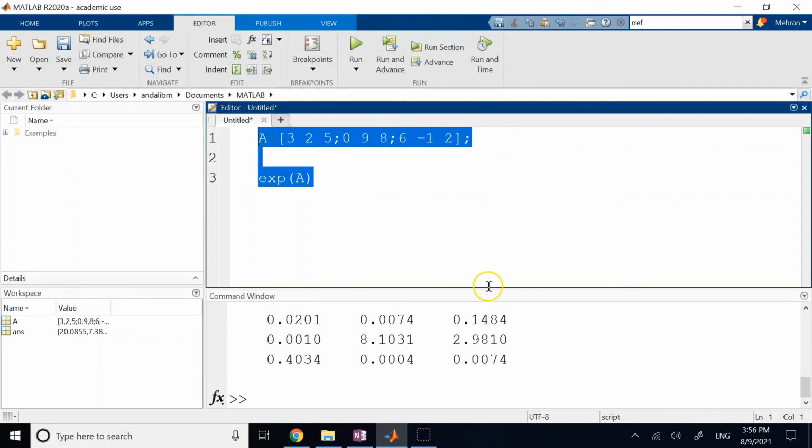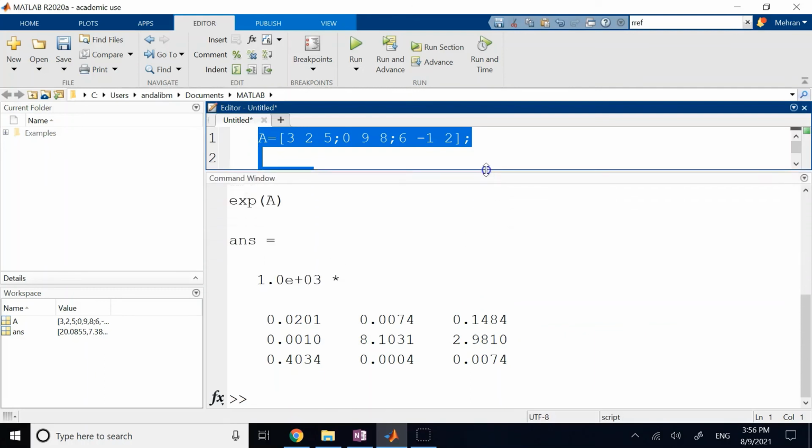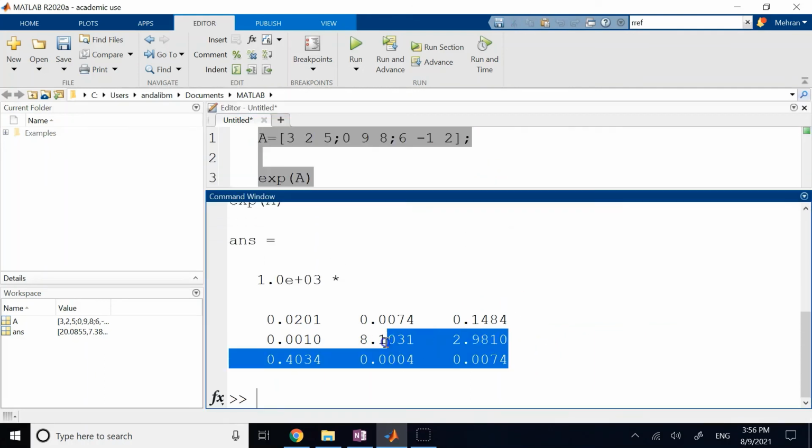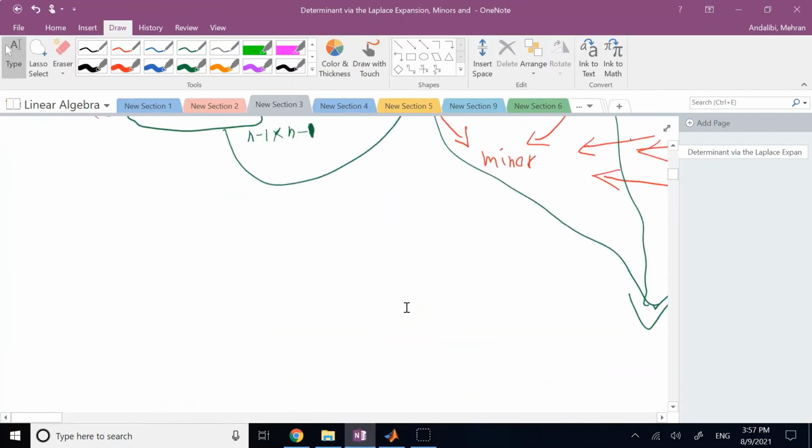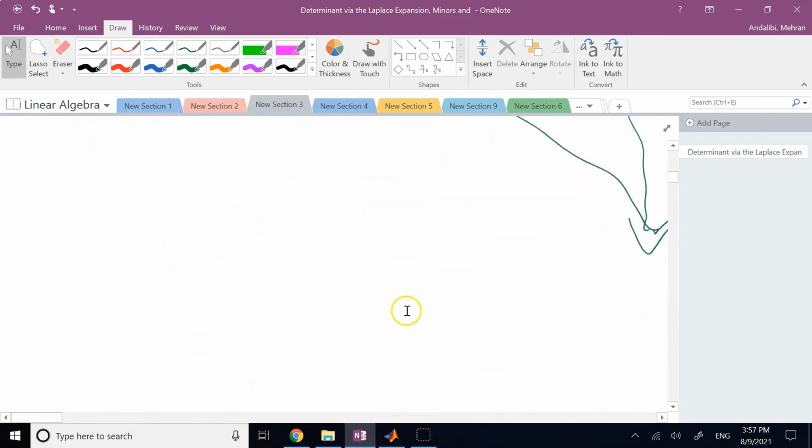It is using the Cayley-Hamilton theorem to show you that this is the exponential of A. Okay? And the numbers, as you can see, are like 27, 148, and so on. The biggest number that you get is about 8,000. But definitely this is different than, as I said, raising e to each and every one of the numbers in A. Okay, so that's how the Cayley-Hamilton theorem is used.